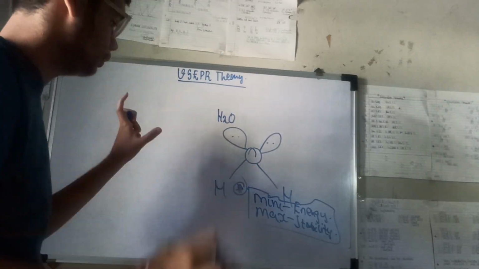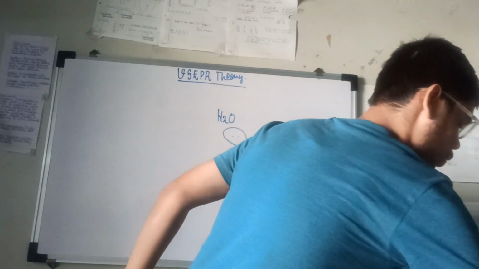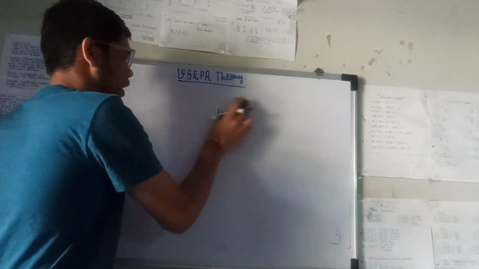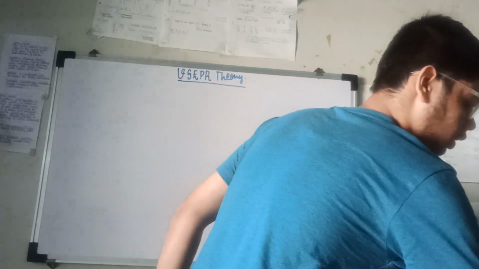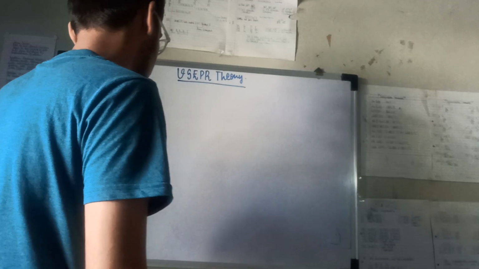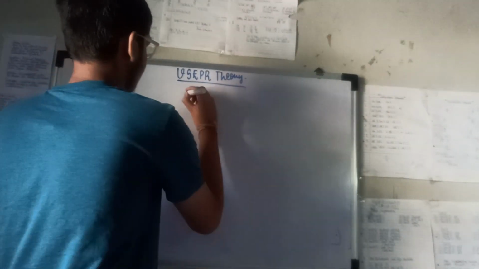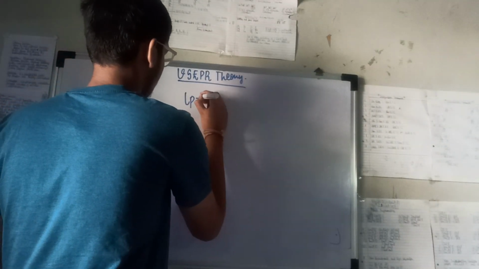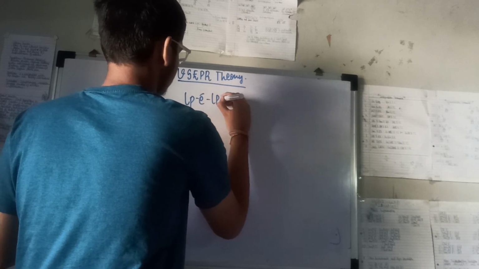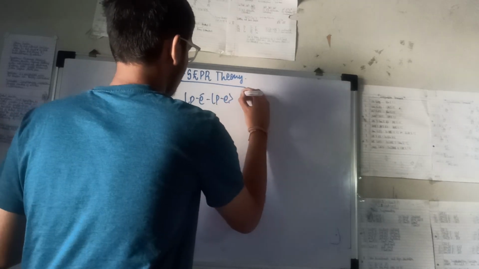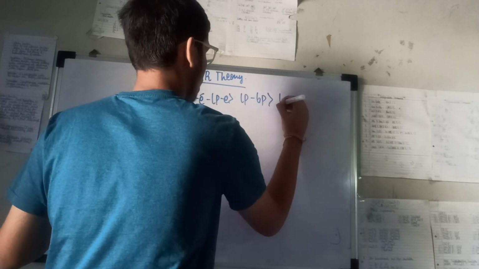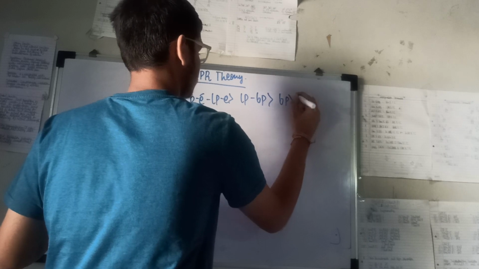Got it. Now, one important thing. You must be thinking that I am saying lone pair repulsion, lone pair bond pair repulsion, and bond pair repulsion. The order is that lone pair repulsion is greater than lone pair bond pair repulsion, which is greater than bond pair repulsion.